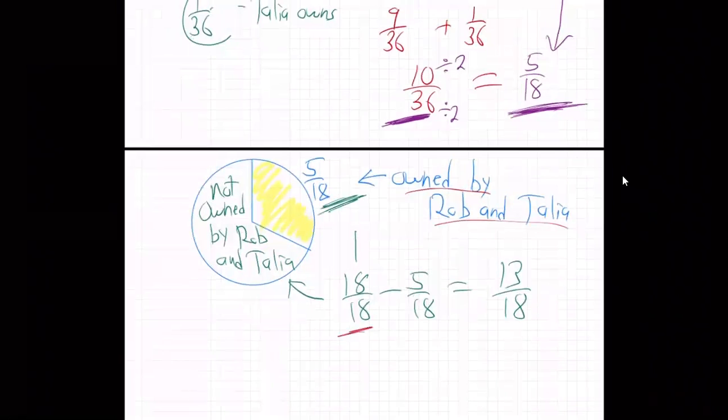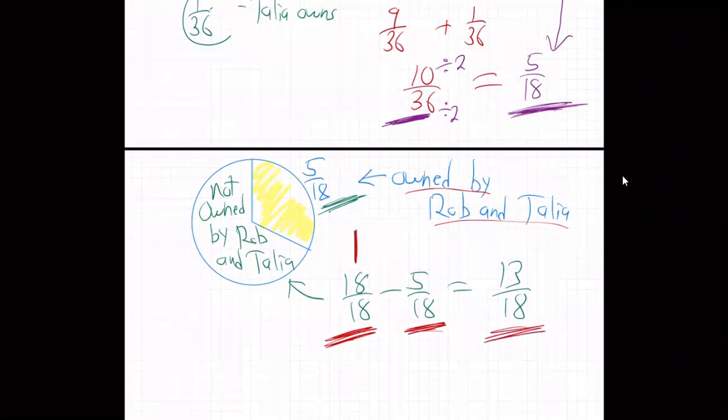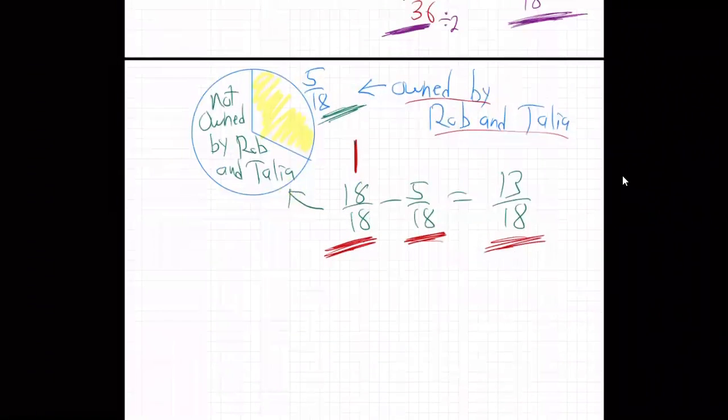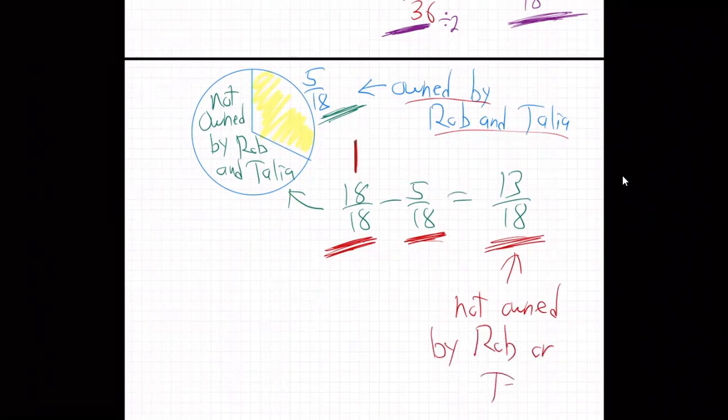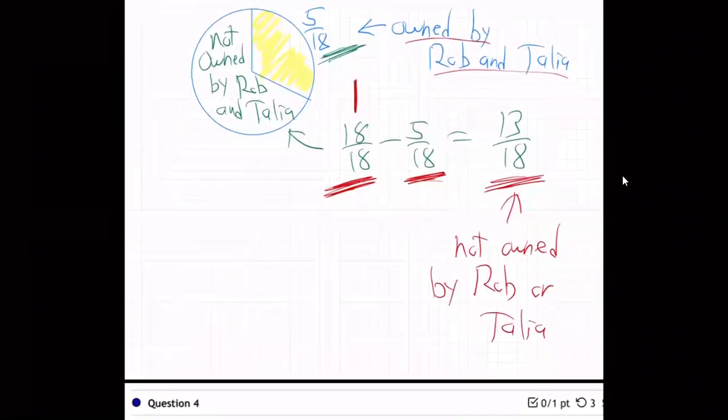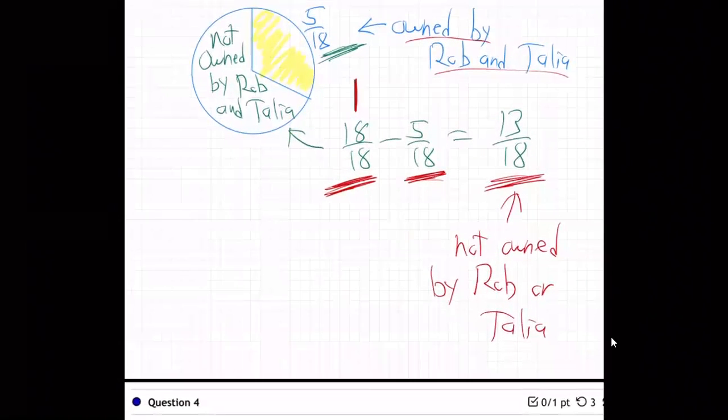So then if you just take one whole pie, 1 is the same as 18/18 minus the part owned by Rob and Talia. 13/18 is the part not owned by Rob or Talia. And that's what they want on this question, just the fraction not owned by Rob or Talia.